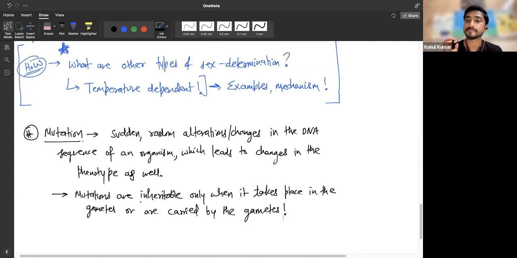Okay, is it clear? Which means they are sudden, random, inheritable changes in the DNA.